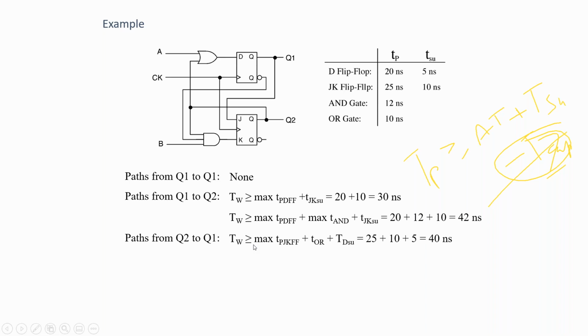Okay, so for this path, which is going from JK to D, that is JK flip-flop plus this OR gate, then setup for this D. That is altogether 40 nanosecond. Q to Q2. It means the same flip-flop is acting as launch and the same is acting as capture, like this path.